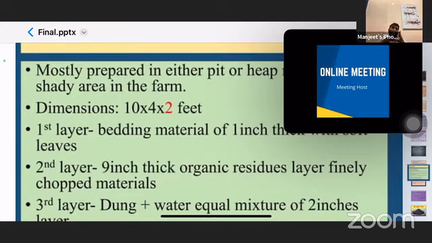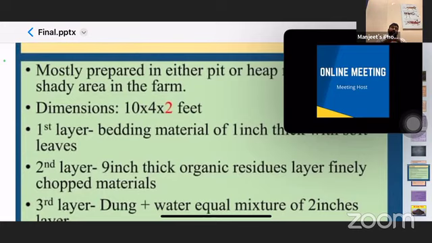Some of the pits may be 10 by 4 by 2 feet. First layer is bedding material of lean sticks with soft leaves. The second layer is a 9 inch thick organic residue layer of finely chopped material. The third layer is dung plus water, an equal mixture in a 2 inch layer.